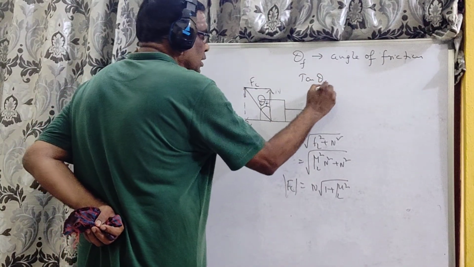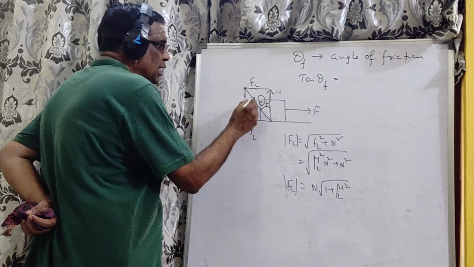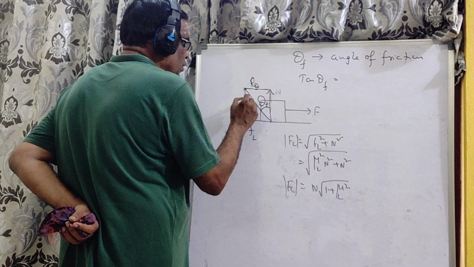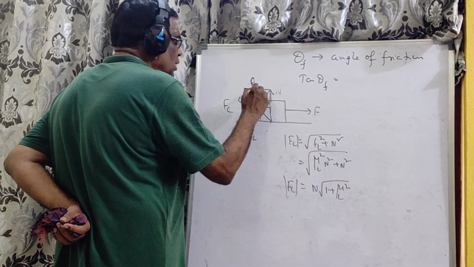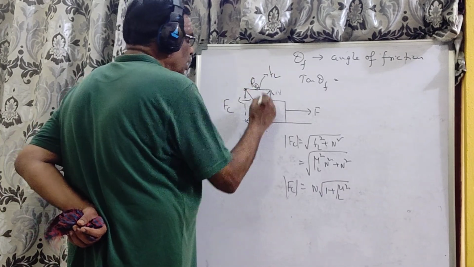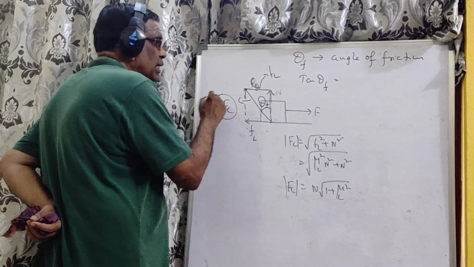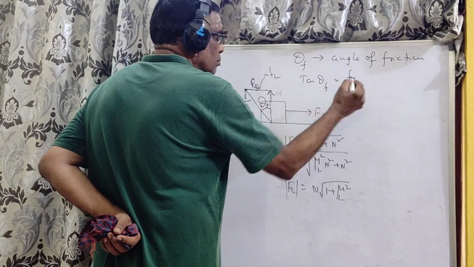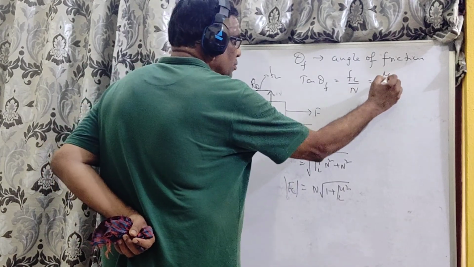Now, this is a right angle triangle. I can write tan theta F as opposite. What is the opposite side? Well, this is Fc, this is FL. FL by N. But what is FL?